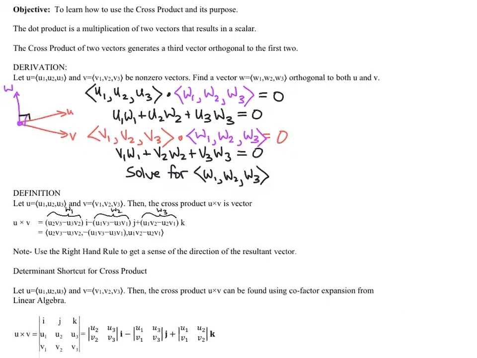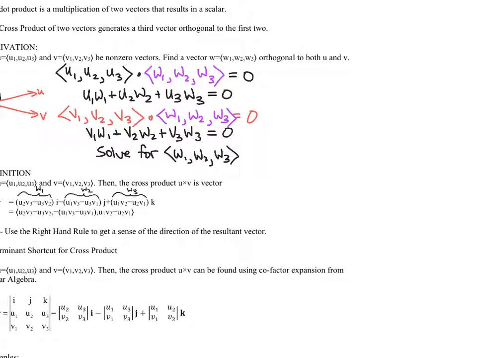Now, one part of it that you may not feel 100% comfortable with is the sign change component. The W1 in the cross product is always represented as a positive. W2 is the negative, and W3 is going back to positive. It's alternating in sign.